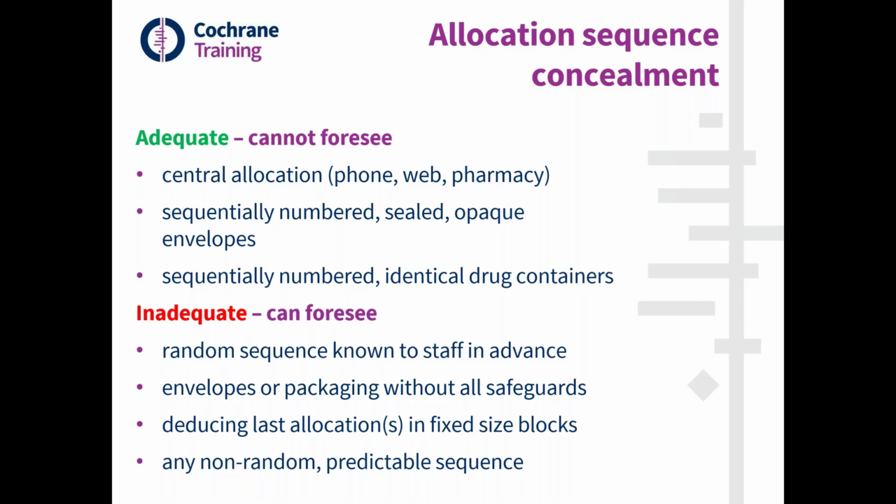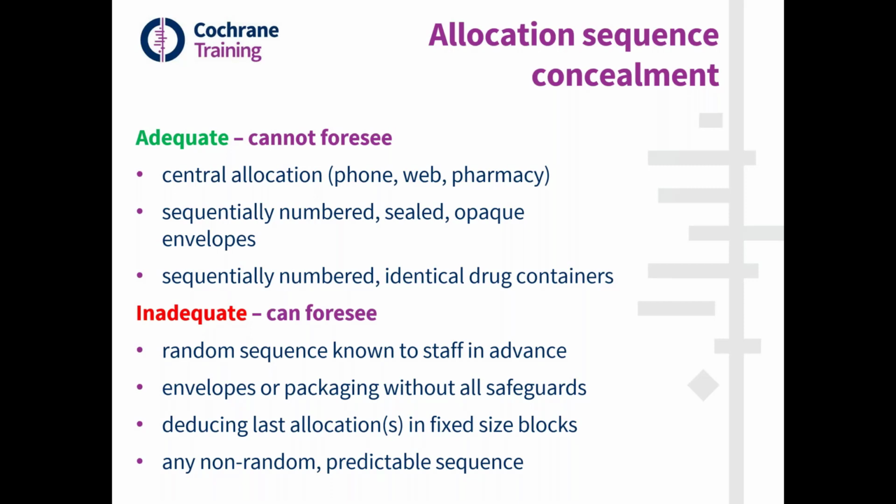So this can occur if you have a trial where the intervention can't be blinded, so the assignments are known after enrollment, and if you have a single centre and you've managed to deduce what the block size is.